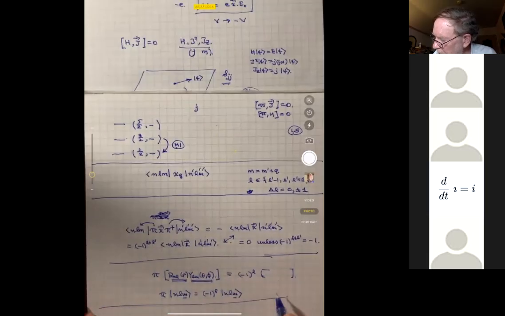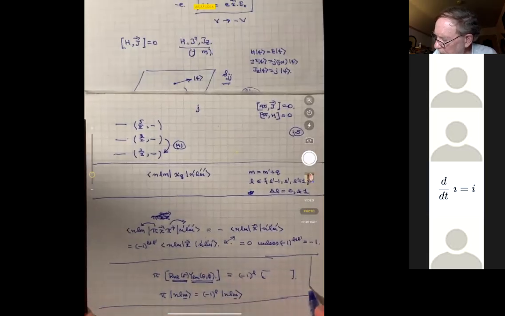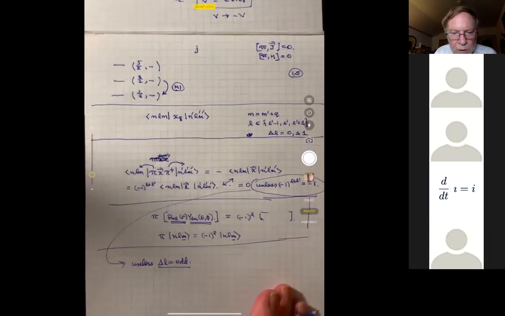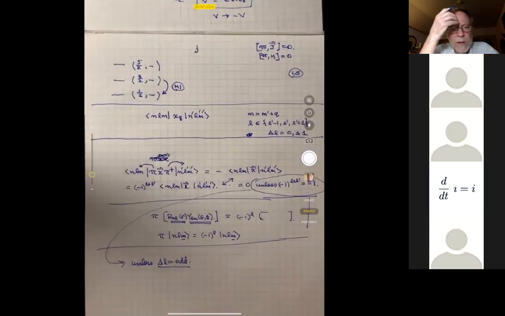Let me clear some space here, because that condition is equivalent to saying unless delta L is an odd number. So by consideration of parity, we find that this matrix element vanishes unless delta L is odd.